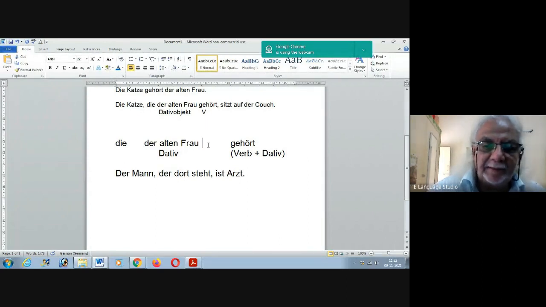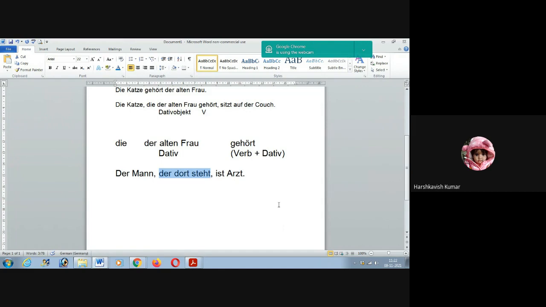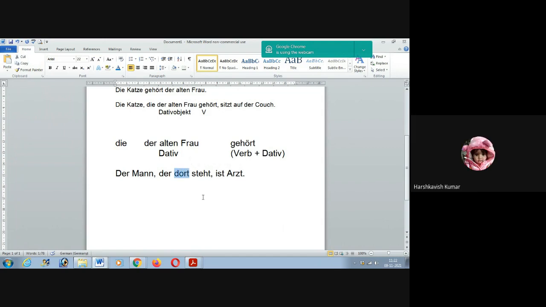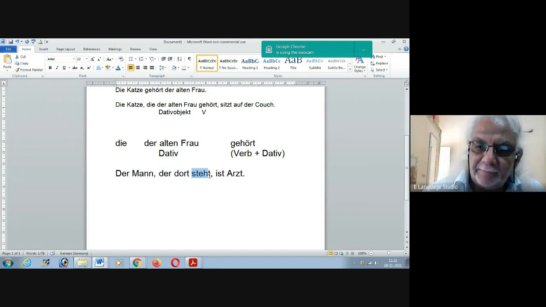What all is there in the sentence? We have subject, adverb and the verb. So you have to conjugate this, isn't it? How will you conjugate this?